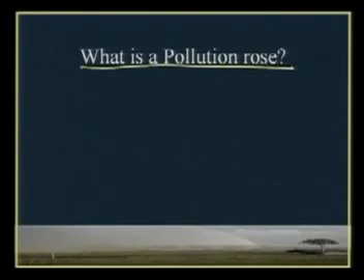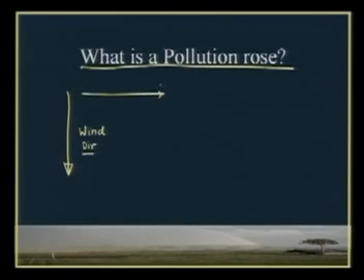Okay, the idea is simple. Similarly as we did for the windrose, we take this side as the wind direction, as we had done for the windrose, and this side we take the concentration ranges of any pollutant.